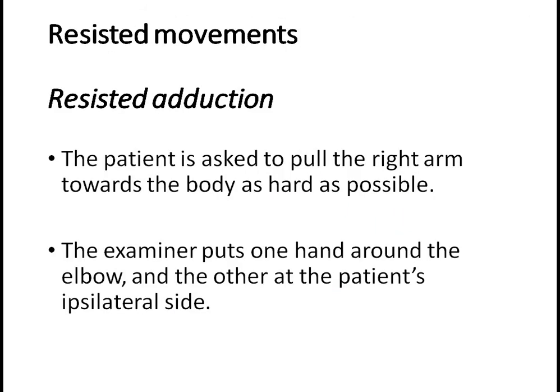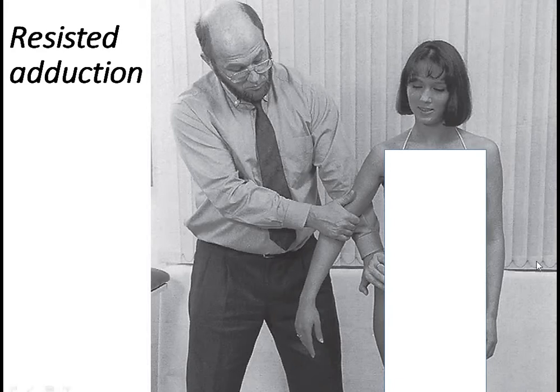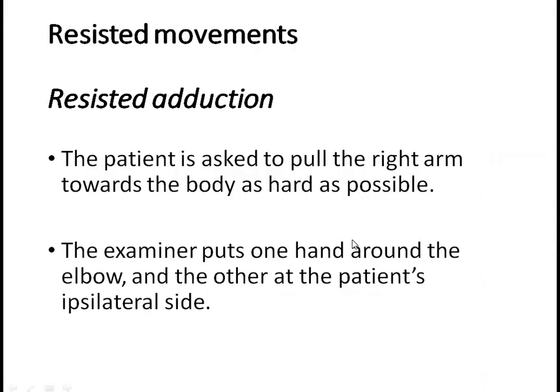Now some resisted movements at the glenohumeral joint. For the resisted adduction, the patient is asked to pull the right arm towards the body as hard as possible, like that, and the examiner puts one hand around the elbow and the other at the patient's ipsilateral side.